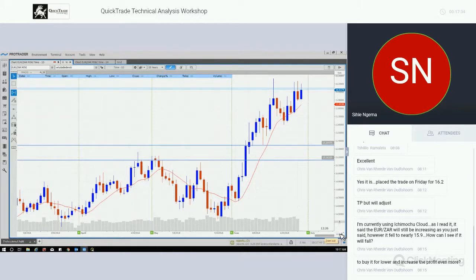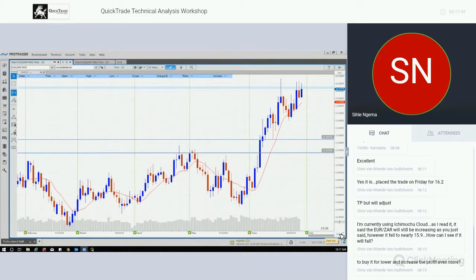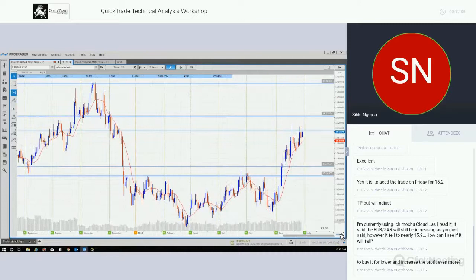But we are very close to our resistance at 1630. If you take that one out without any issues, then the euro is going to strengthen a bit more against our rand.